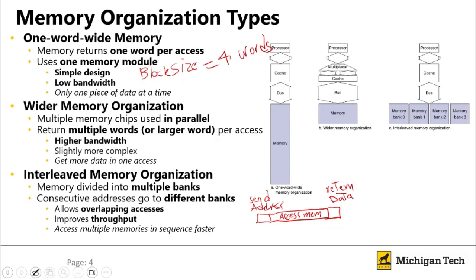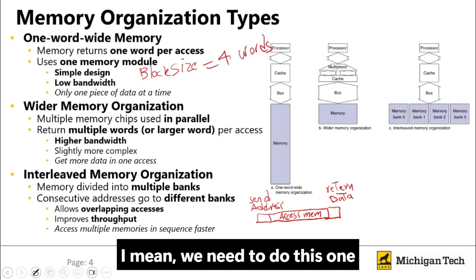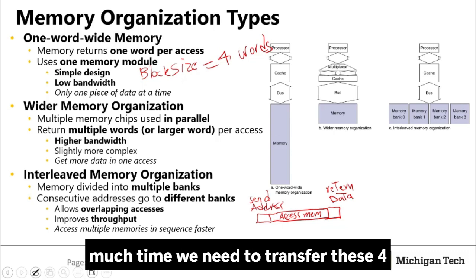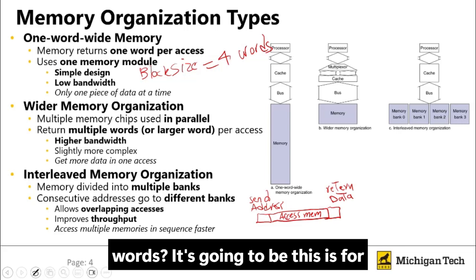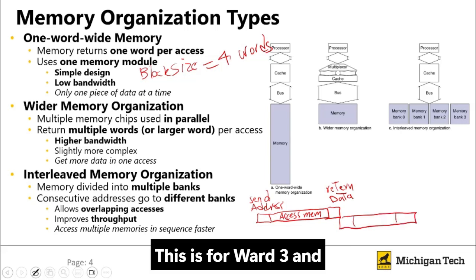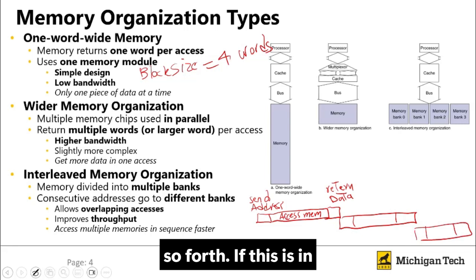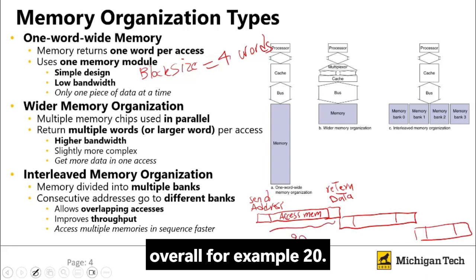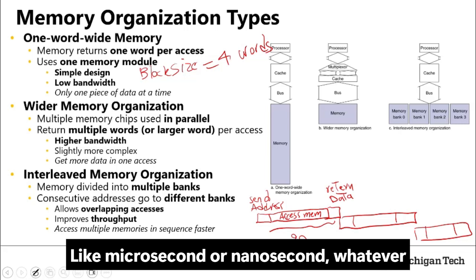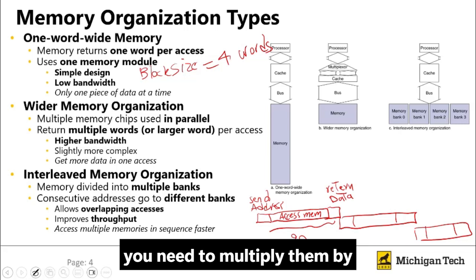So, I mean, we need to do these one after each other. For 4 words, how much time do we need to transfer them? This is for word 1, this is for word 2, this is for word 3, and so forth. If this is overall, for example, 20, like microsecond or nanosecond, whatever, you need to multiply it by 4.